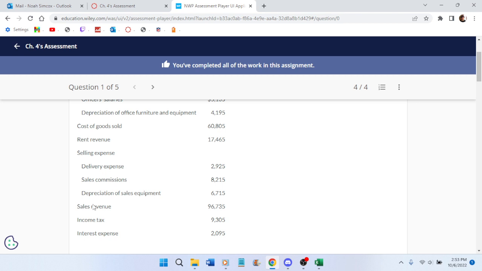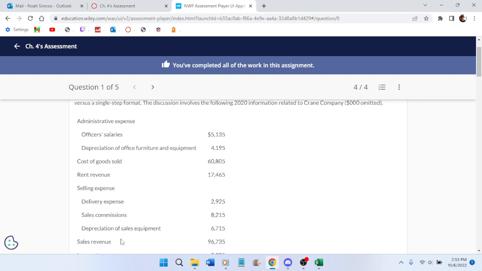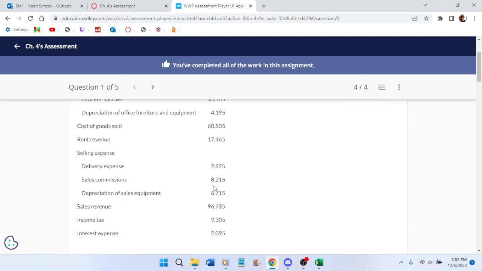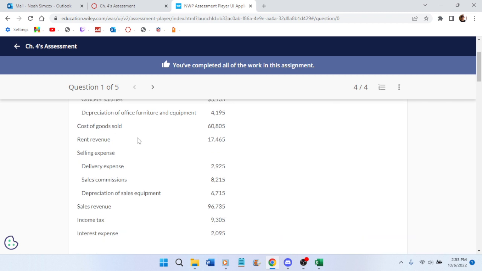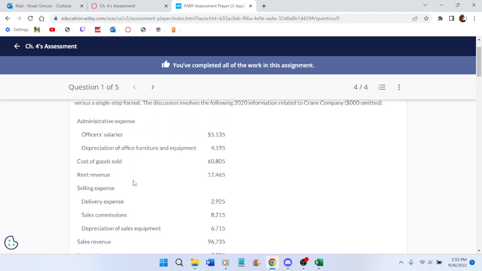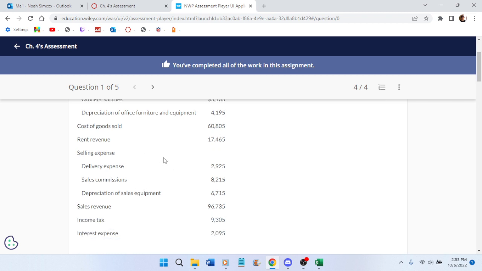Then you calculate operating expenses, which includes selling expenses, which are listed, and administrative expenses. That gives you total operating expenses. Then other revenue is rent revenue, and other expense is interest expense. That gives you income before taxes, and then you have income tax, and that gives you net income.